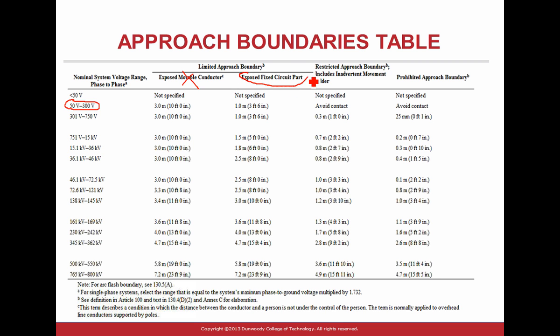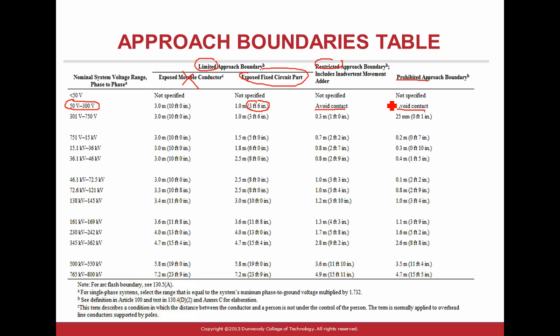Exposed fixed circuits. Look at that, limited. This is your limited approach. Limited approach is 3 feet 6 inches. How about restricted approach? There is no limit, but just don't touch. Prohibited approach, also don't touch. Can you guys see that? Best for you guys, just don't touch it for both restricted and prohibited.